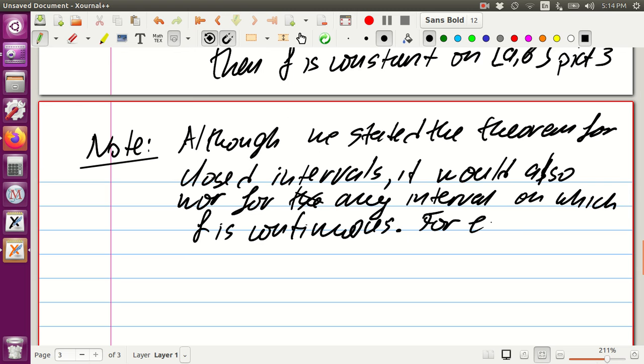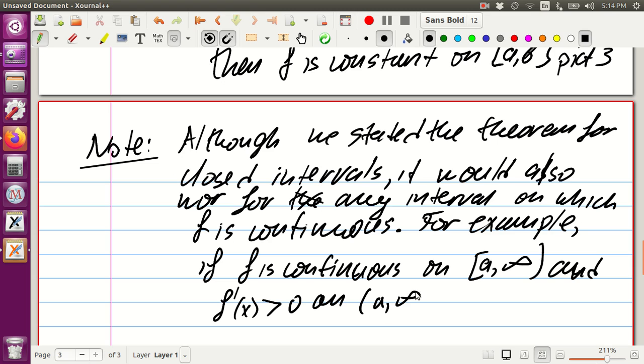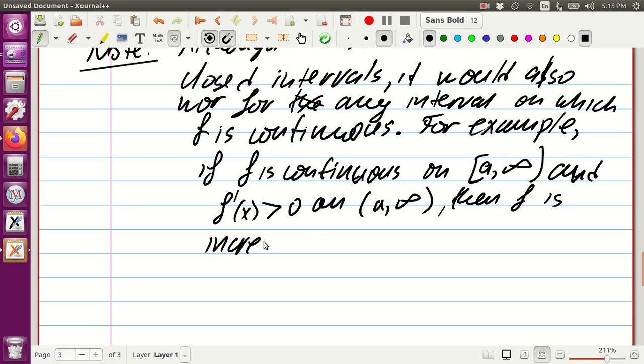So for example, if f is continuous on [a, infinity) and f prime of x is greater than 0 on (a, infinity), then f is increasing on (a, infinity).